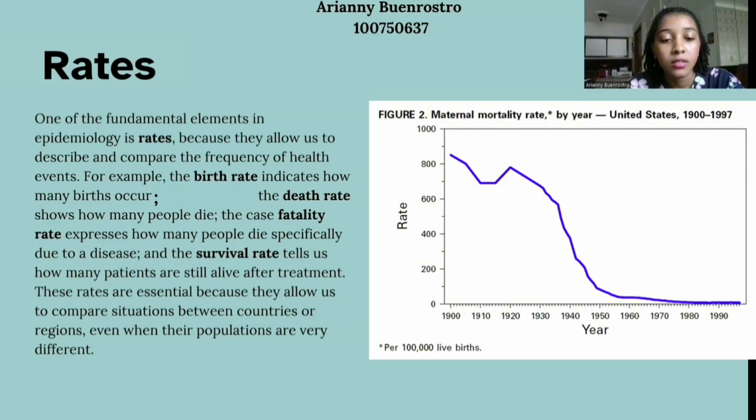And the survival rate tells us how many patients are still alive after treatment. These rates are essential because they allow us to compare situations between countries or regions, even when their populations are very different.